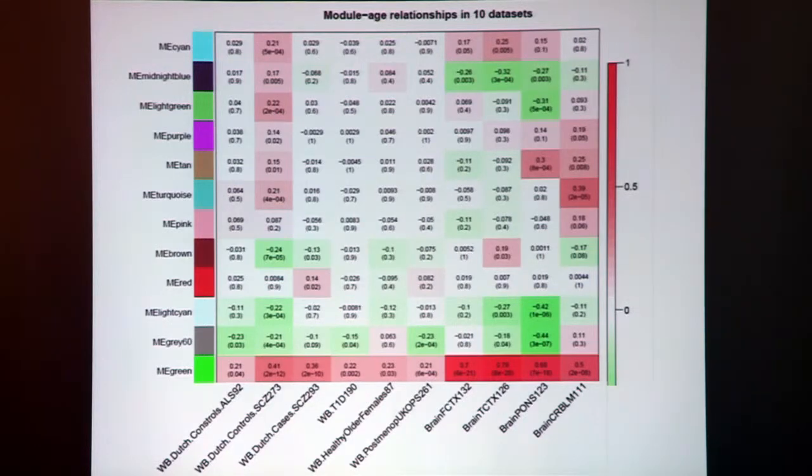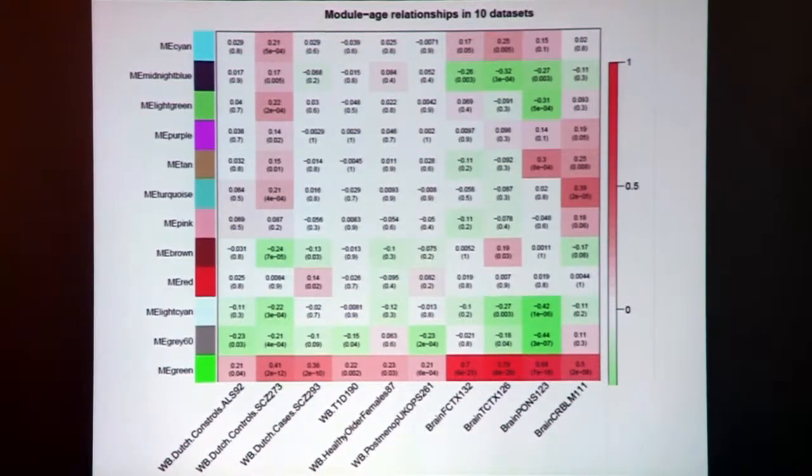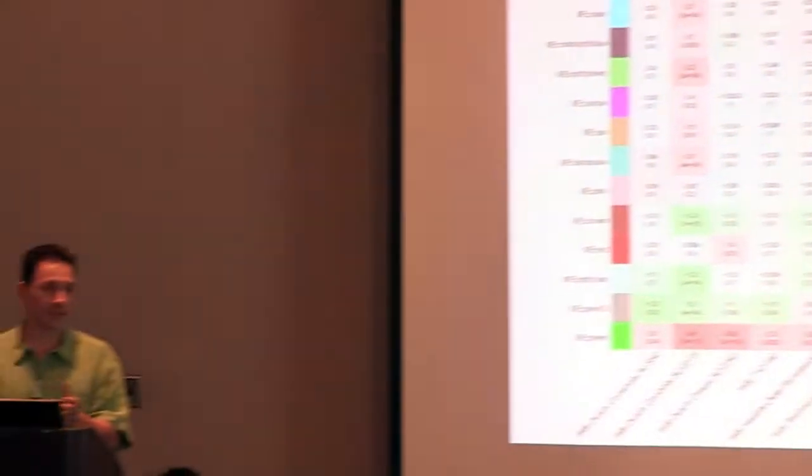Whereas there are other data sets where we find much less of a correlation, for example, type 1 diabetes data. The thing to remember is that when you calculate a correlation, it very much depends on the range of the values. Let's say you have people who are all in their 60s and 70s.